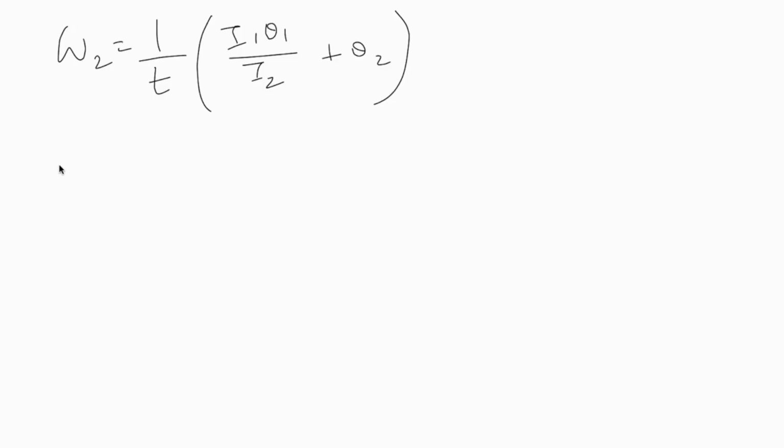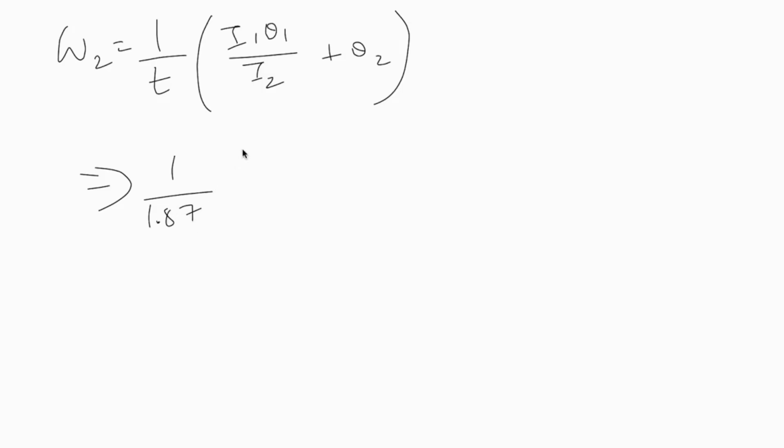It's just mere substitution and pure mathematical calculation that we are worried about. So 1 by omega 2 can be written as I1 theta 1 by I2 plus theta 2. Right, now I have all the necessary values with me.